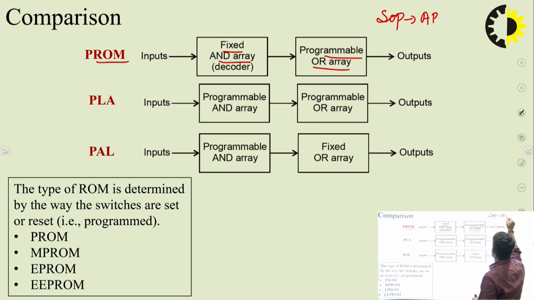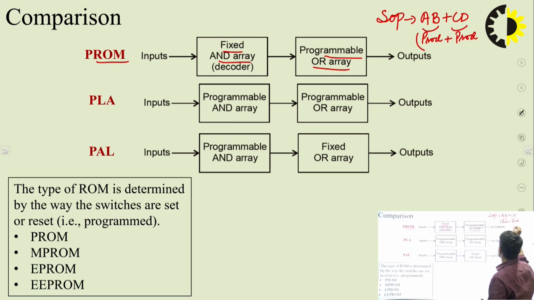something like AB plus CD, this AB is considered a product and this CD is a product, and both these products are summed. That's why it is termed as SOP.